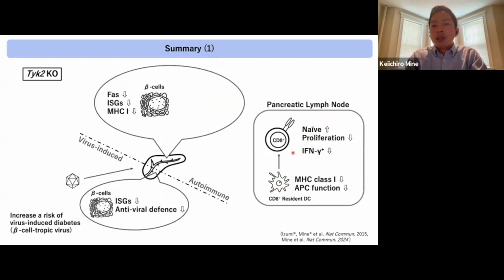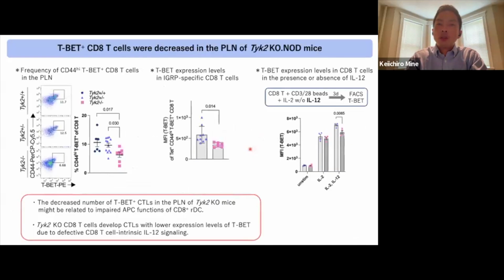Our data reveals that the cross-priming of CD8 T cells is impaired, but not abolished. This means cytotoxic T lymphocytes are generated even in the TYK2 knockout mice. So next we characterize the antigen-experienced CD8 T cells that have a CD44 high phenotype.